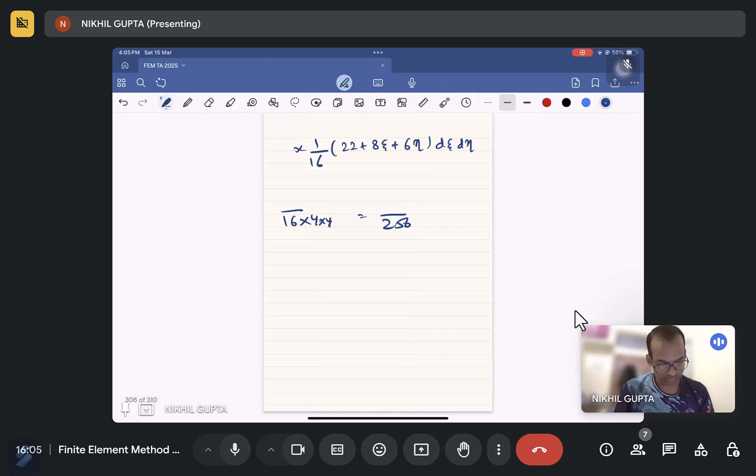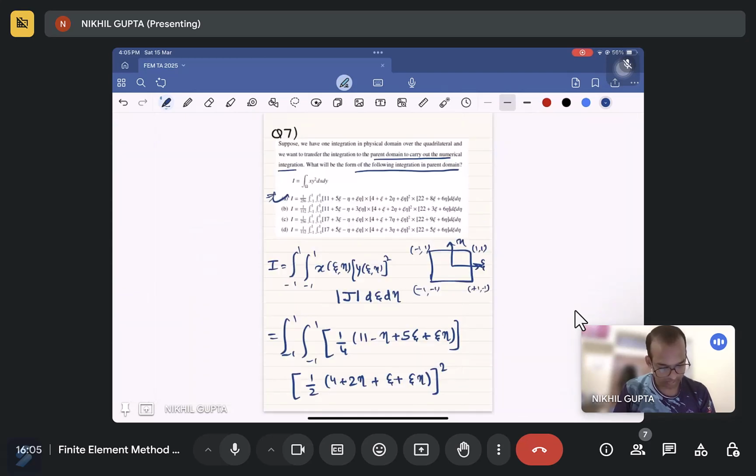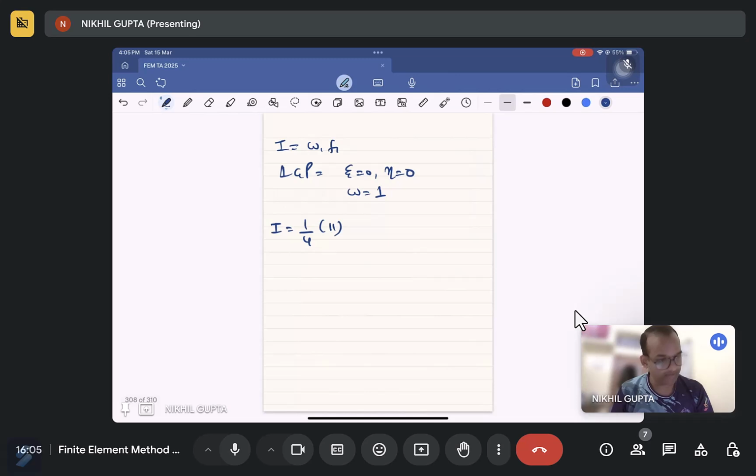We have got the function in the last problem like this. So we'll put xi and eta as 0 everywhere. What are the constant terms that remain? This is 1 by 4 times 11, into 1 by 2 times 4, whole squared, into 1 by 16 times 22.